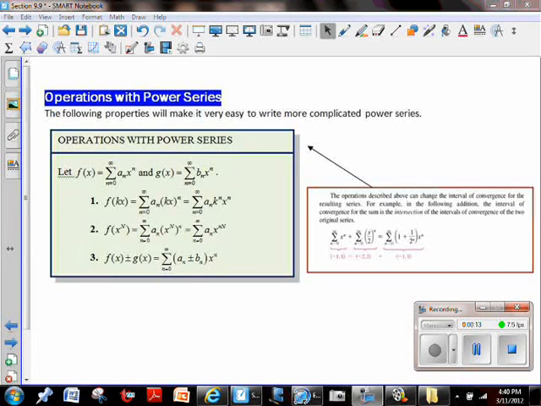Prior to that, though, I want to keep you abreast of some operations that you're going to be able to perform with power series. The three that come to mind that we will use quite frequently, given any function f of x and g of x, represented by the two power series that I've indicated here.